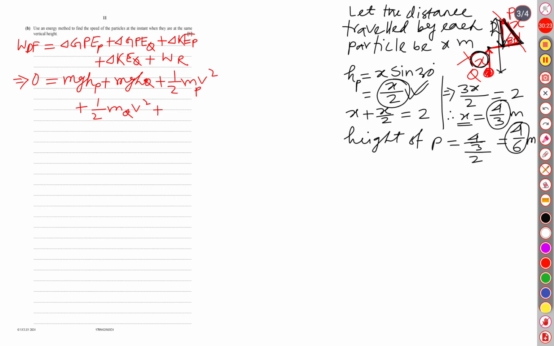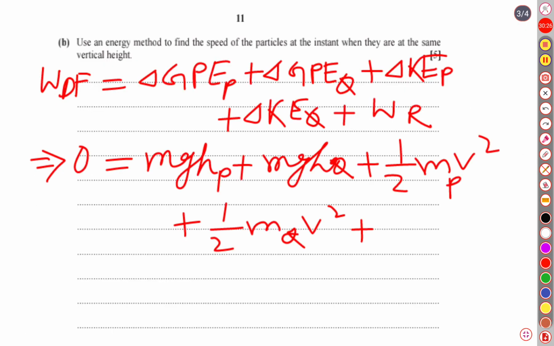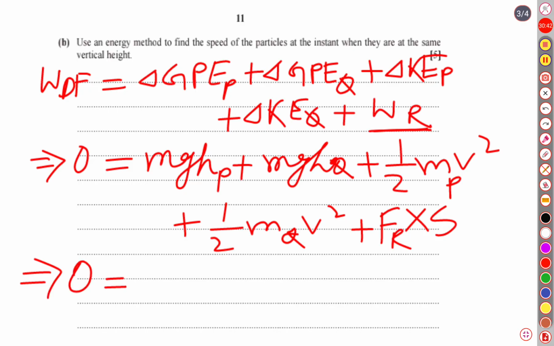So it is going to be resistance force of P into S, because we are talking about work. Left side is 0, so it is all about P.